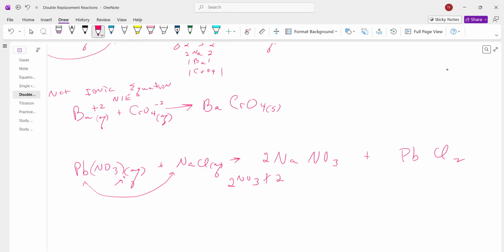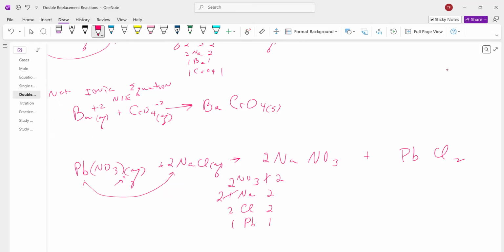Sodium, one on the left, two on the right. So now we have two on the left. Chlorides, two on the left, two on the right. Leads, one on the left, one on the right.